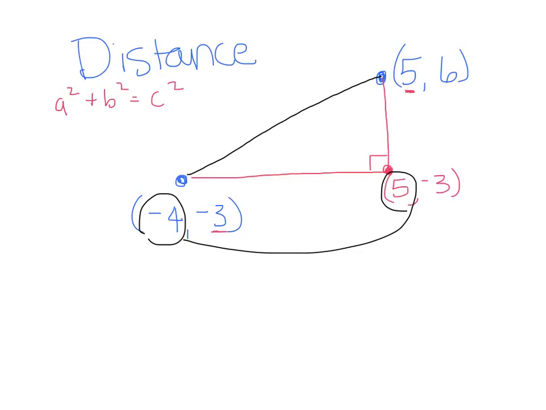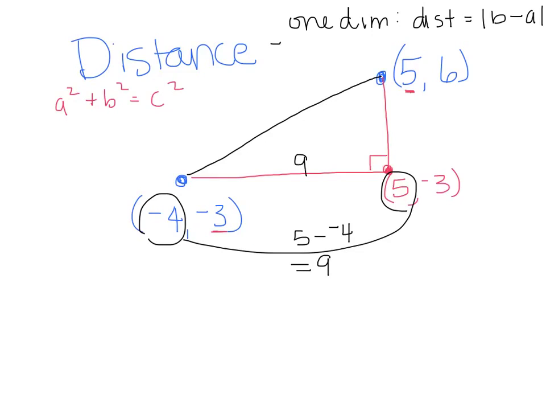If you remember, distance in general, before, in one dimension, distance is equal to the absolute value of b minus a. So you just have to subtract the numbers and make sure you have a positive answer to be a distance. So I'm going to take 5 minus -4 and get 9. So this distance here is 9. To go from -4 to 5 would take 9 units, 9 steps.